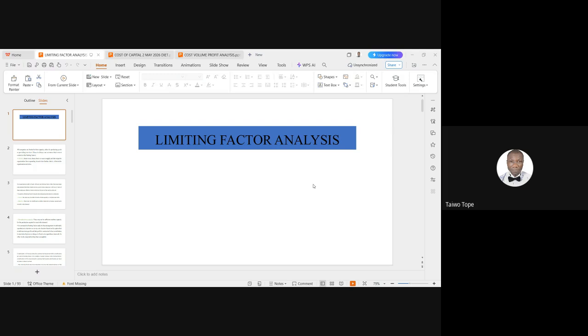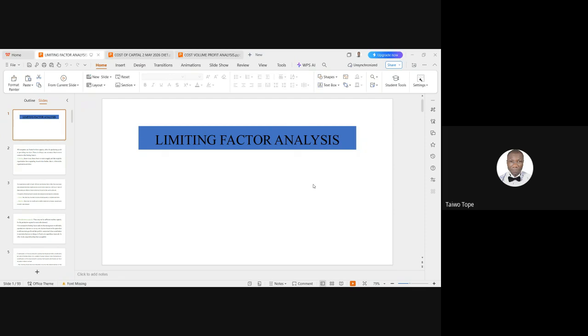In another instance, it can be labor hours. You have a shortage of manpower to meet up with the expected labor hours required to produce a product. Where that is the case, labor hour can be termed the limiting factor.